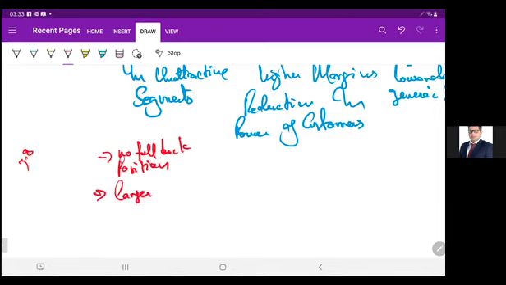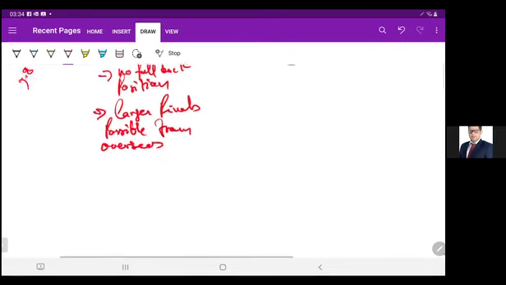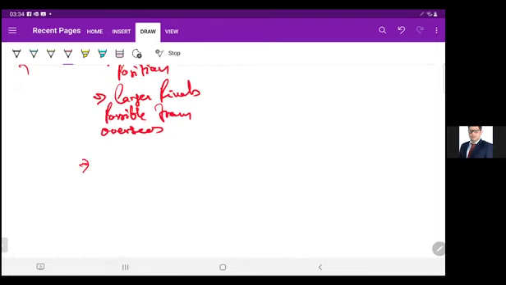Larger rivals, possibly from overseas, may enter the market. And another one, a strong currency makes imports cheaper.